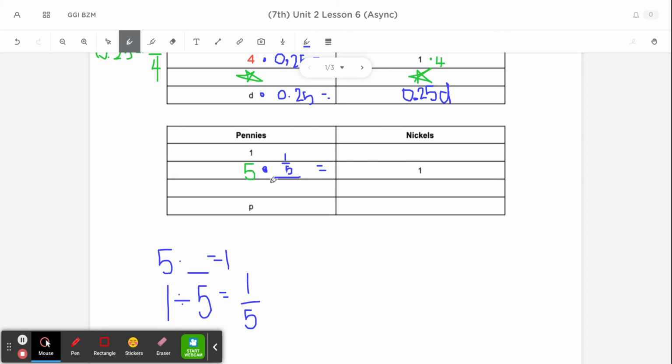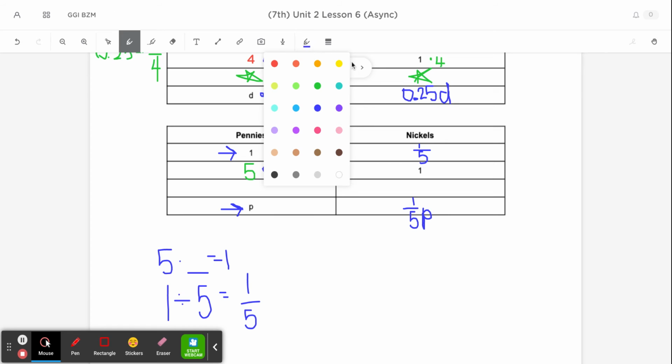And that means that to get from pennies to nickels in any direction of the table, whether it's 1 penny or p pennies, we're always multiplying times a constant of proportionality of 1/5. So 1/5 times p is the number of nickels, and 1 penny is just 1/5 of a nickel.